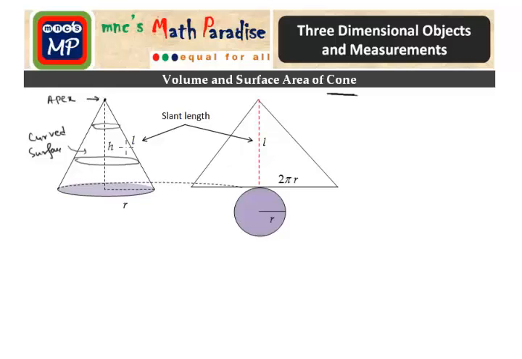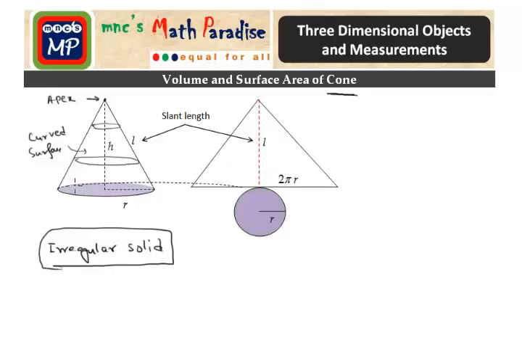That means a cone is not a regular object, it's an irregular solid. So the formulas applicable for regular solids will not be applicable for a cone. So let us see how we can find its total surface area, as well as the volume.